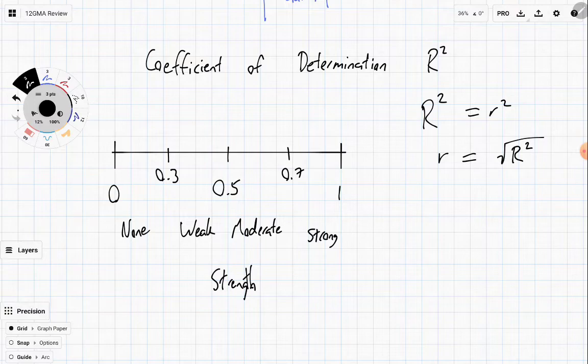The other way we can use R squared is to actually describe the relationship between the explanatory variable and the response variable. And we can do it like this.